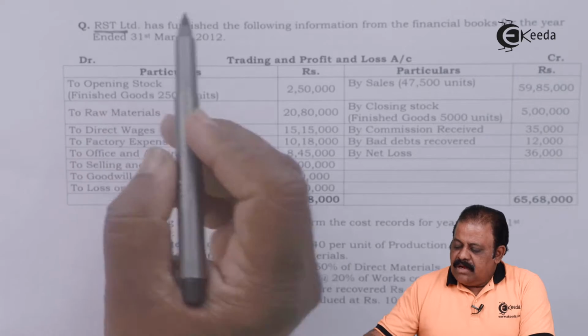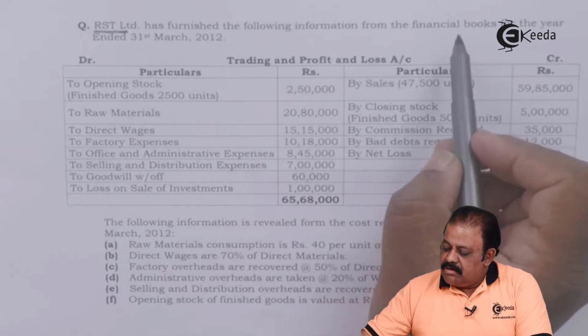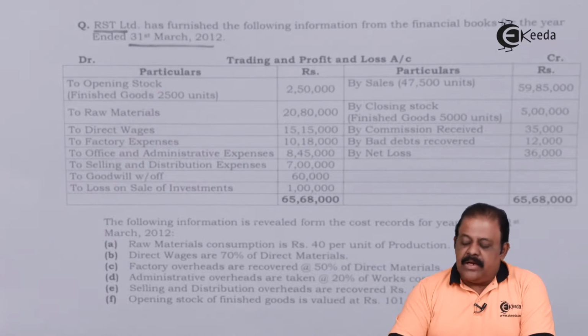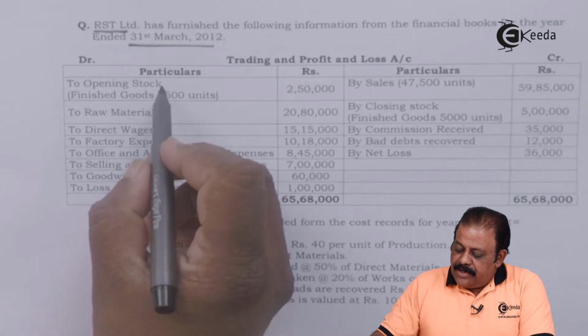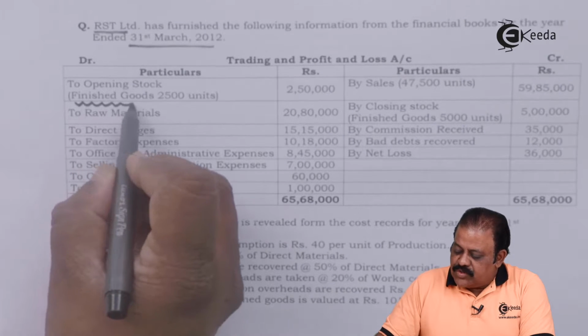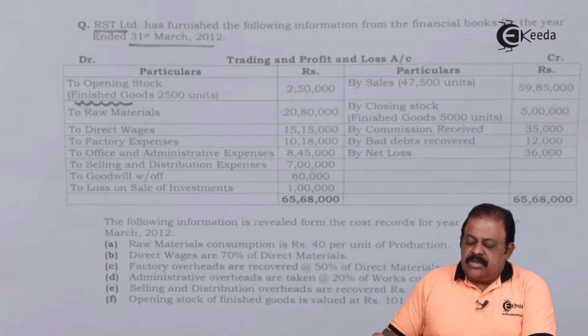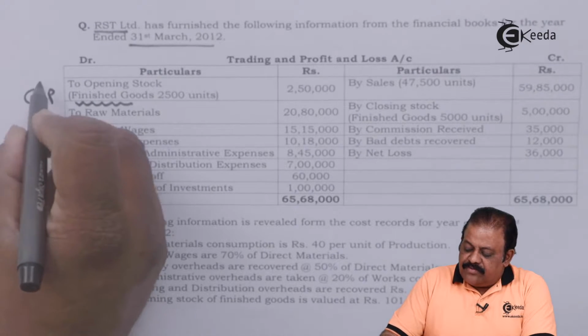RST Limited has furnished the following information from financial books for the year ended 31st March 2012. Opening stock, clearly it is said finished goods 2500 units. So in cost book it has to be added to cost of production.